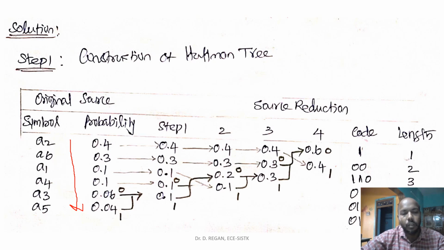The last 2 symbols are 0.06 and 0.04, that is A3 and A5. These 2 symbols I am going to add. The symbol with the higher probability value I assign 0, and the symbol with the lesser probability value I assign 1.